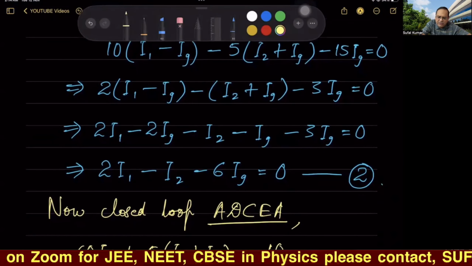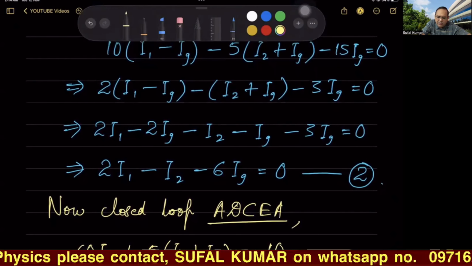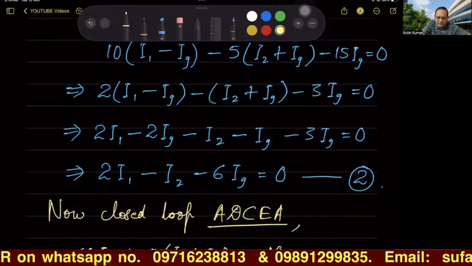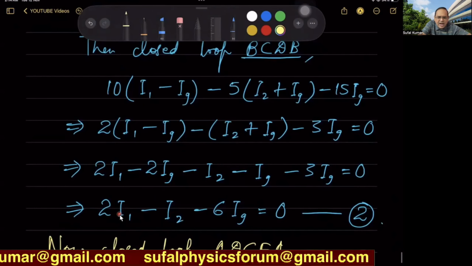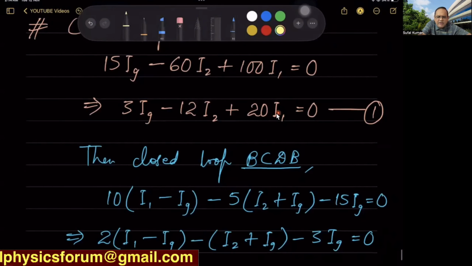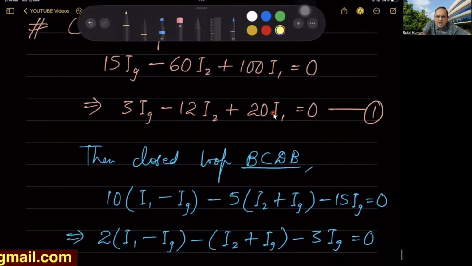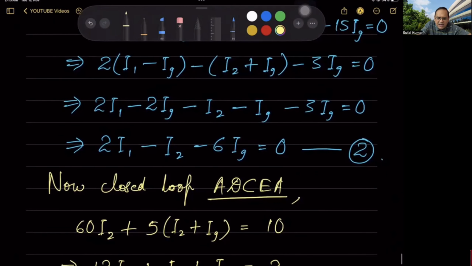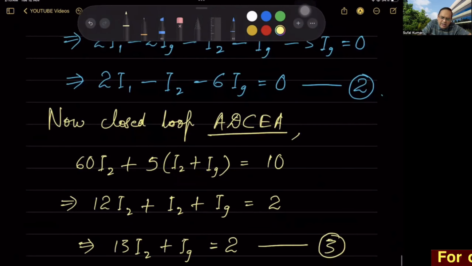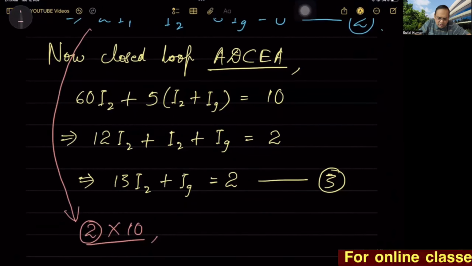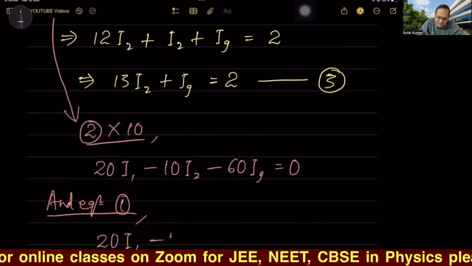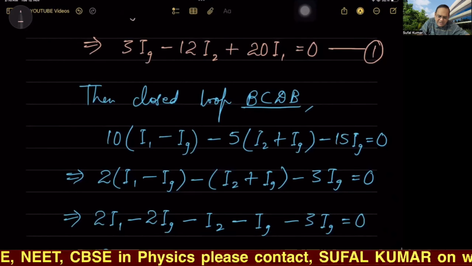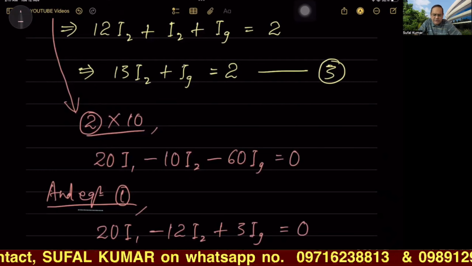For this, we need to multiply equation number 2 by 10 so that in equation number 2 also we get 20 I1, and already 20 I1 we have in equation number 1 also. So then subtracting both the equations, multiplying equation number 2 by 10: 20 I1 minus 10 I2 minus 12 I2 plus 3 IG is equal to 0.